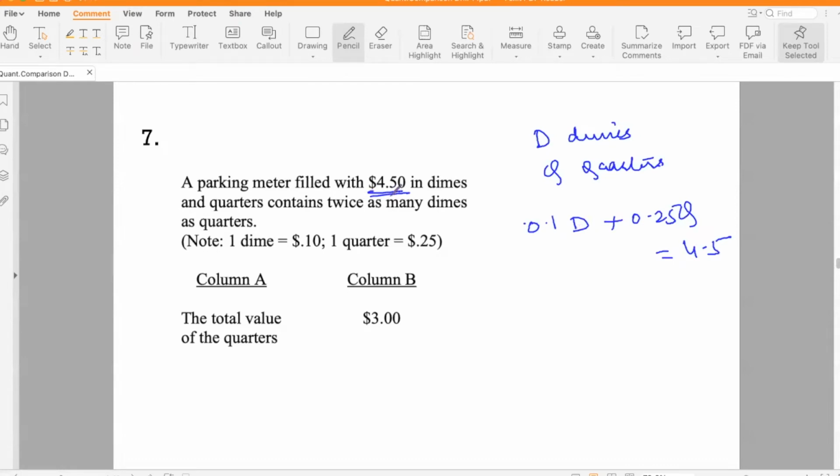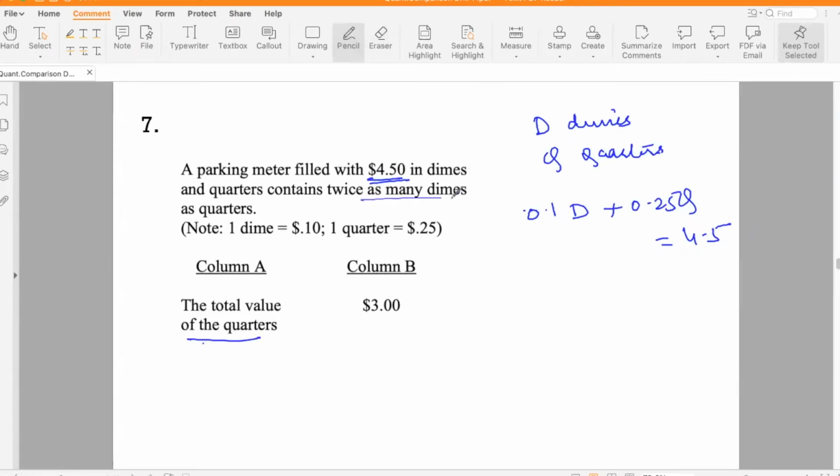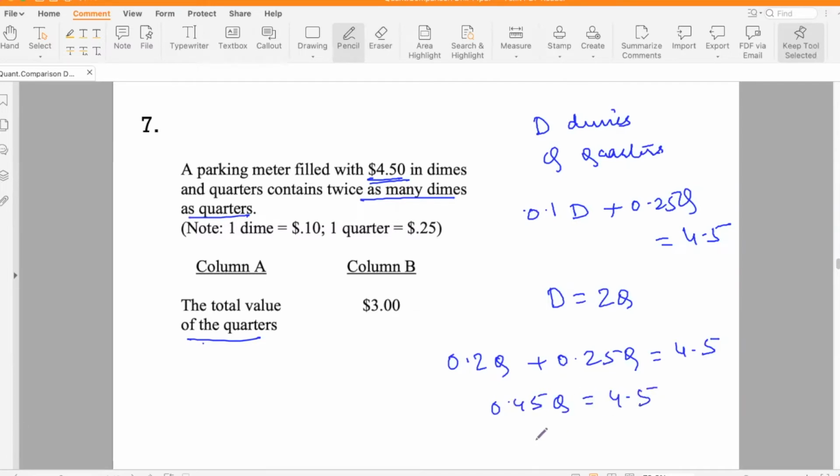So that's one equation. And since there are twice as many dimes as quarters, I can say D is 2Q. And I need to find quarters, so I'll put this here. So 0.2Q plus 0.25Q is 4.5. So 0.45Q is 4.5.